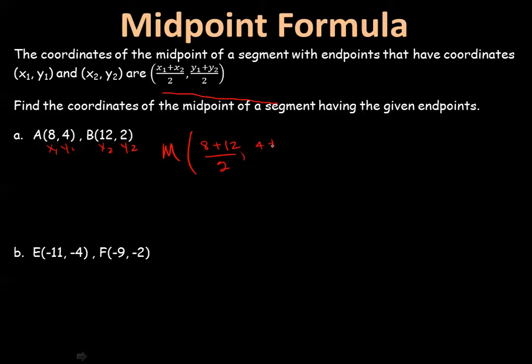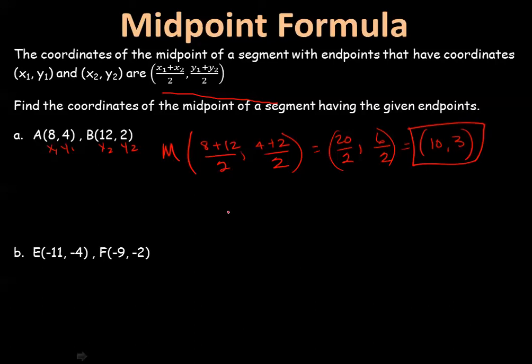I got 4 plus 2 divided by 2. So that's going to be 20 divided by 2, 6 divided by 2. 20 divided by 2 is 10, and all I'm doing is simplifying them now. So right there is my midpoint.